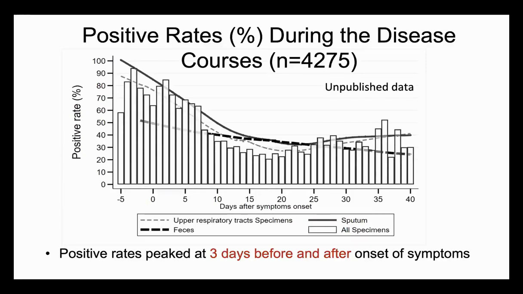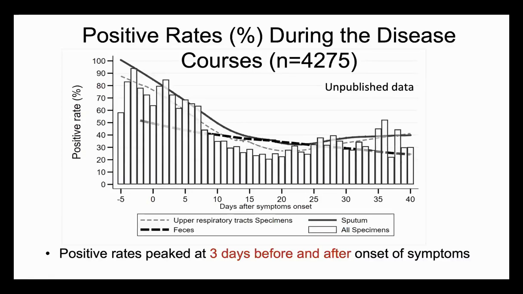The SARS-CoV-2 nucleic acid test positive rate for overall specimens is shown as the empty bar. It presented as a U-shape across the disease course, with the first peak around 85% to 95% from 3 days before to 3 days after symptom onset.